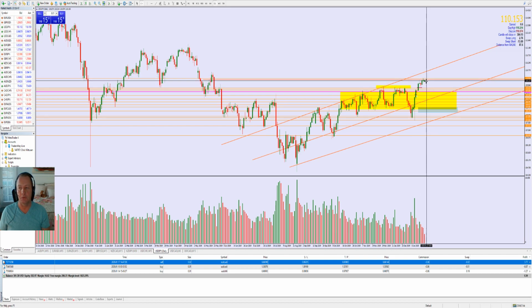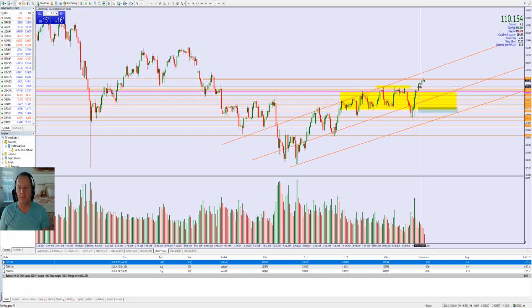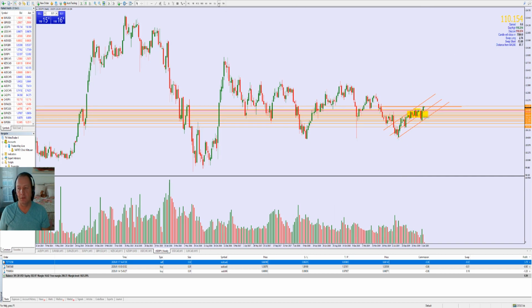So since we broke over these, and now we call these pivots, there's enough momentum here to continue carrying this higher. So I believe that we'll continue higher, but we're going to fight this resistance area. If we get above that, it will look something like this.